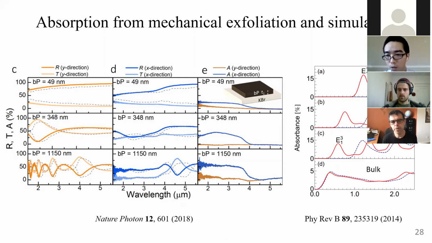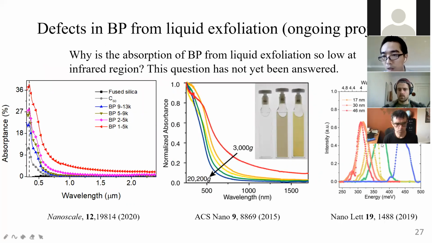Also from this PL spectrum, you can say even at 4.5 nanometers, the bandgap should be more than around 3 micrometers, so they are quite close to the bulk. This is the photoluminescence. Okay, so as soon as you get to 10 nanometers, it's bulk. Yeah, it behaves like bulk.